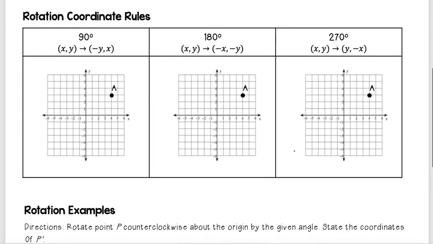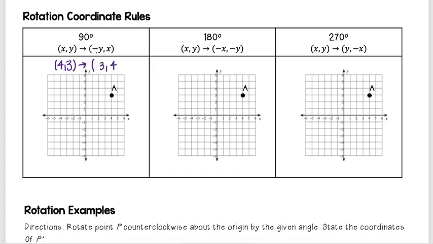And then, as always, we have some rotation rules. And so if I am asking you to rotate a figure 90 degrees, the rule for that is (x, y) becomes (negative y, x). So for example, my point A here is at 4, 3. So if I was going to rotate that 90 degrees, I would swap my 4 and 3.